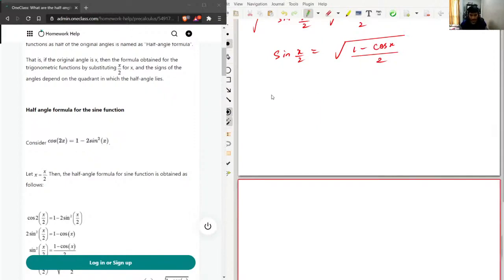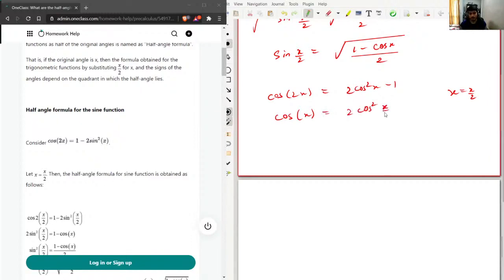Similarly, we can do it for the cosine. Again, I'll take cosine 2x, which is nothing but 2 cosine square x minus 1. Then I'll put x equal to x over 2. So this will become cosine of x equals 2 cosine square x over 2 minus 1.